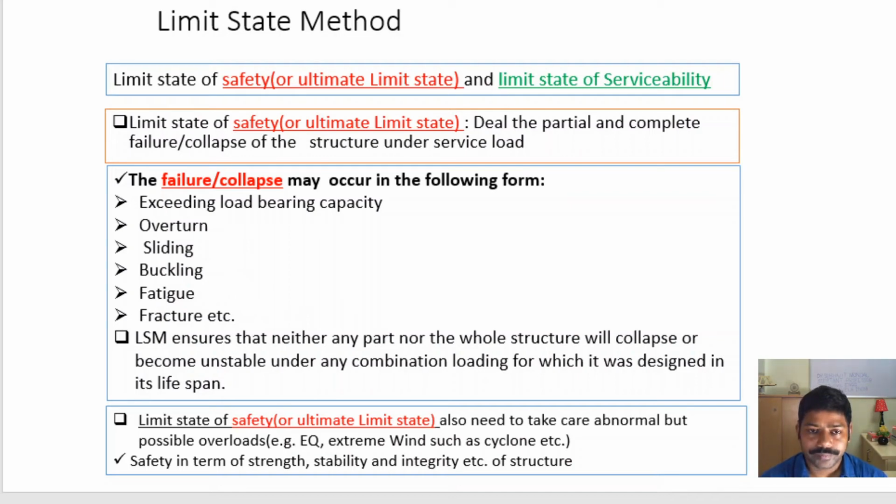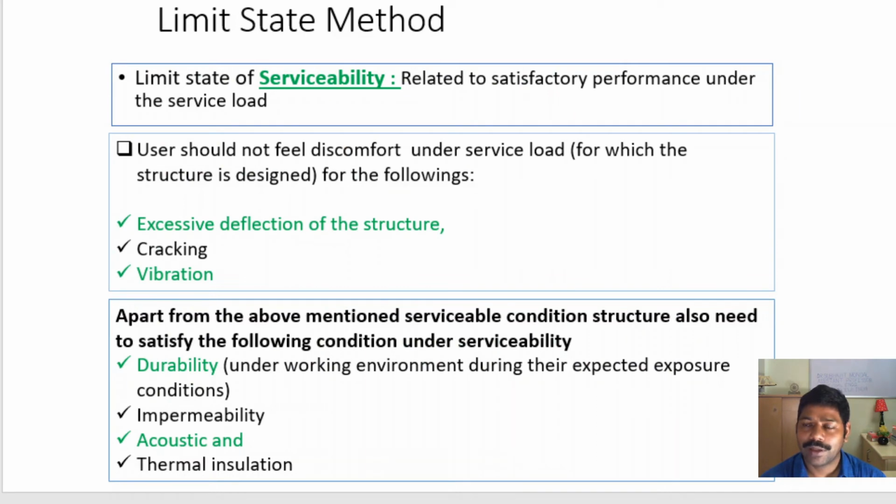In the serviceability criteria, we have learned that while designing the structure, you should also take care of the comfort of the occupants. For that reason, there should not be excessive deflections, visible cracks, or excessive vibrations. Thereafter, you should also take care of impermeability, acoustics and thermal insulation.